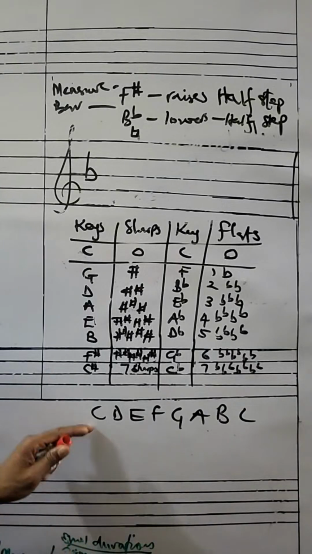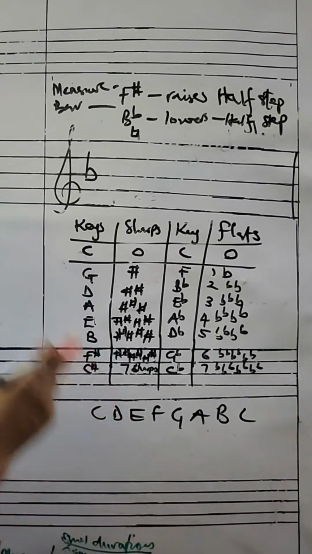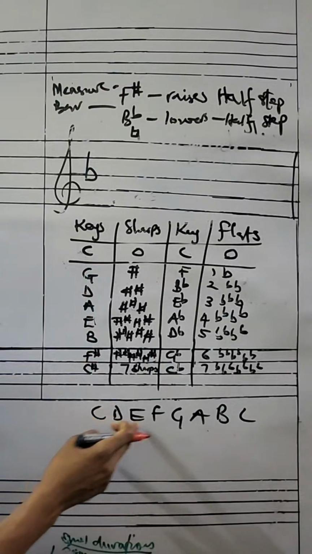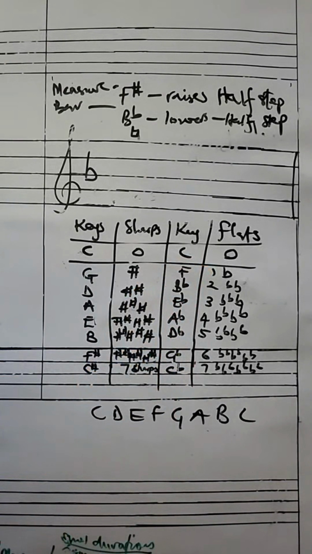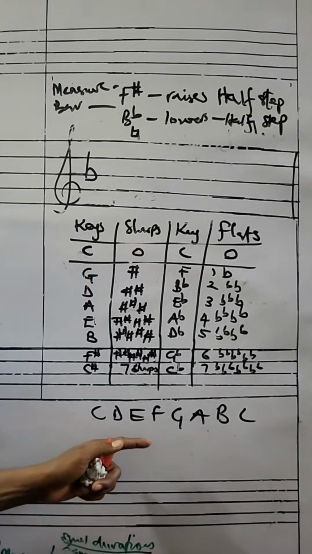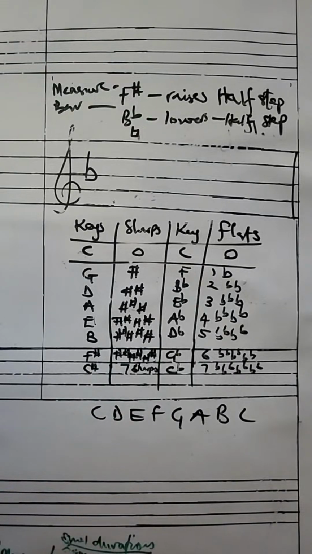So this is C. I want to count 4, which is my fourth chord, right? 1, 2, 3, 4, right? So I have one flat, right? And which note is flattened?